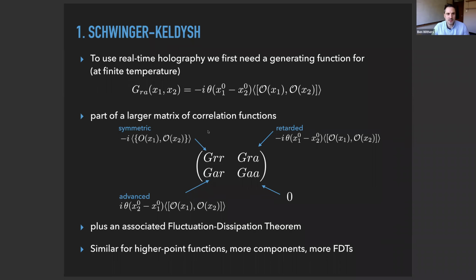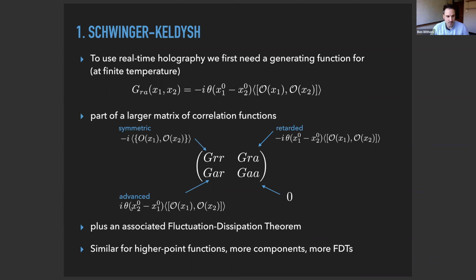So the way this is phrased is as part of a larger matrix of correlation functions. Instead of just GRA, which is this commutator, it's actually a 2-by-2 matrix of linear response. We have GRA, the retarded response, and opposite that is the advanced response, GAR.